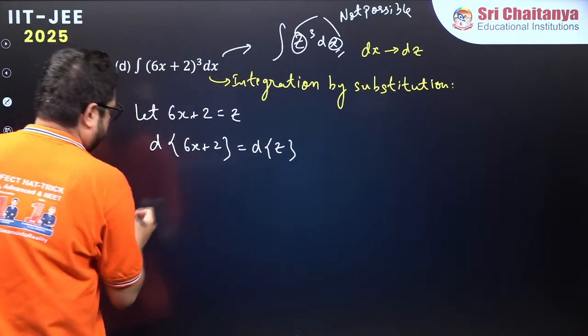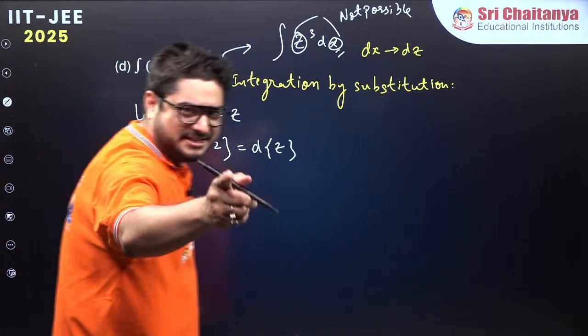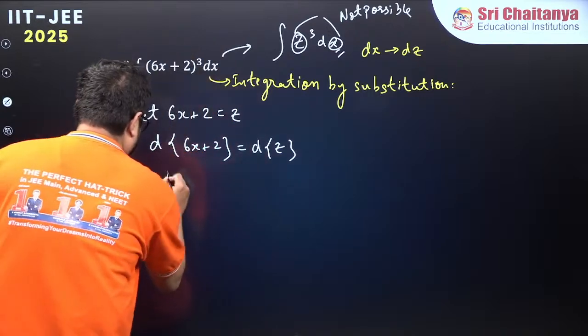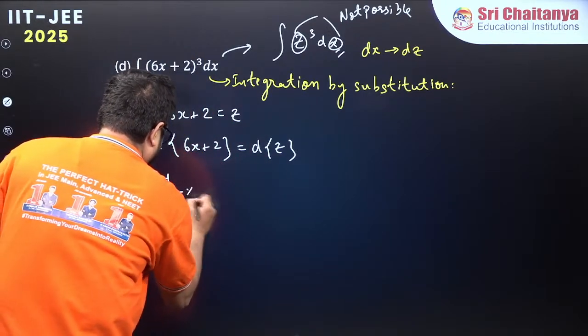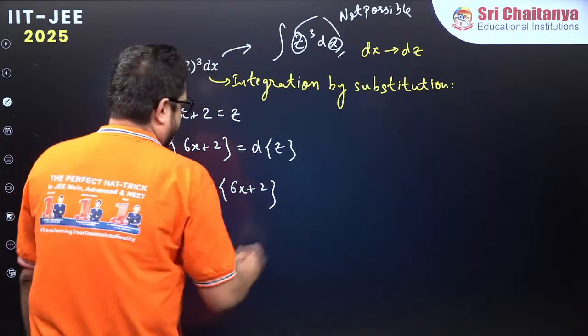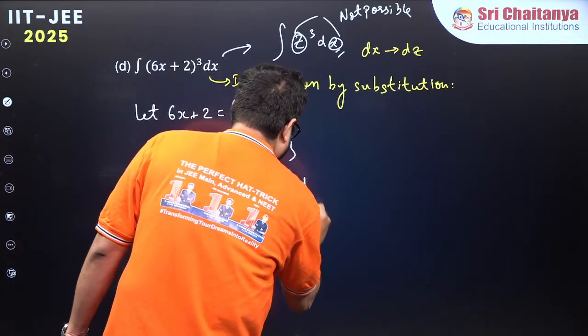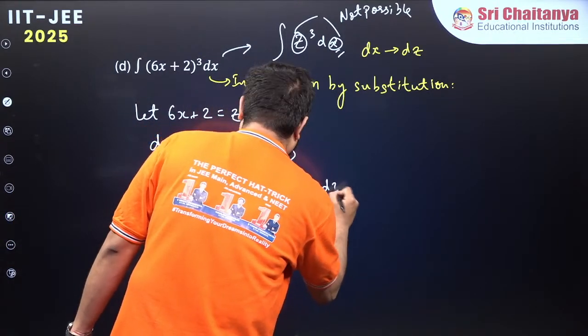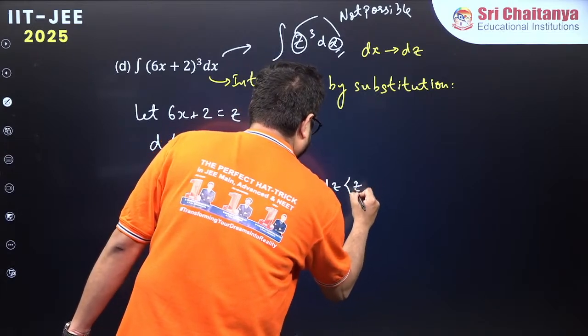So what I will be writing down, the d to the left is going to have an expression d by dx into dx of 6x plus 2, and the d to the right is d by dz into dz of z.